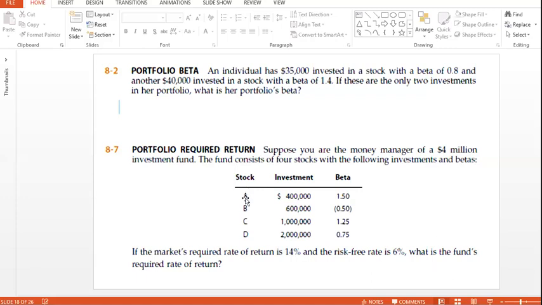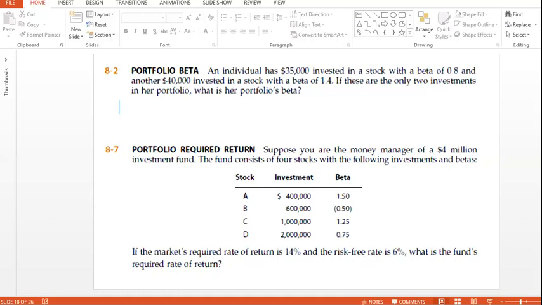You can see that we have stock A, B, C, and D. 4 lakh invested in stock A, 6 lakh in B, 1 million in C, and 2 million in D. The total investment is $4 million. Here we have different betas for different stocks. If the market required rate of return is 14% and the risk-free rate of return is 6%, what is the fund's required rate of return?